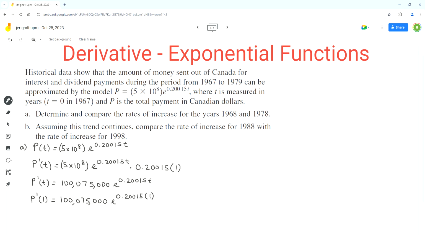We sub in t as 1, and now we can evaluate this expression.